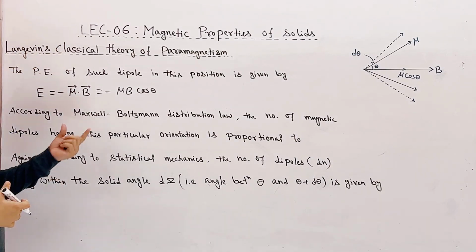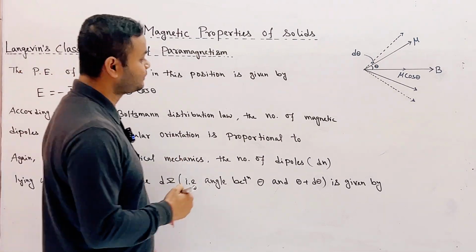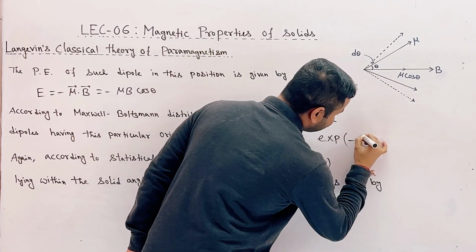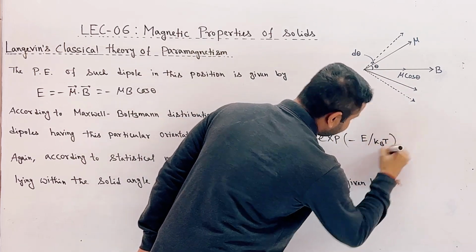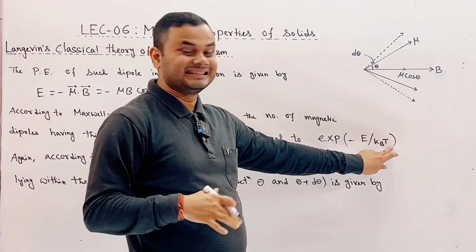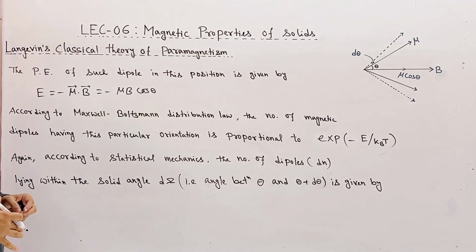According to it, the number of magnetic dipoles having this particular orientation is proportional to exponential of minus E divided by Kb T, where Kb is the Boltzmann constant, T is the absolute temperature, and E is the potential energy of the dipole.